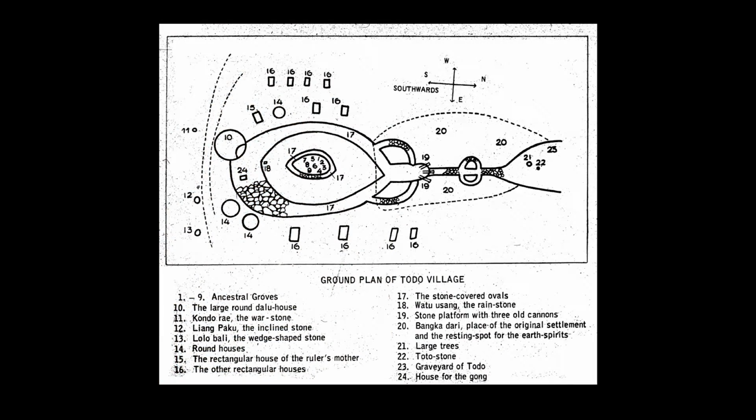Now, in some cases, the village has been moved, and there's a good reason why it is moved, and that is that the cemetery is in the center of the village in this particular kind of tradition. So on the right-hand edge, you have an old cemetery, and the village has been moved to the left. But in moving it, they've created the sense of the boat moving with a wake made of stone paths.